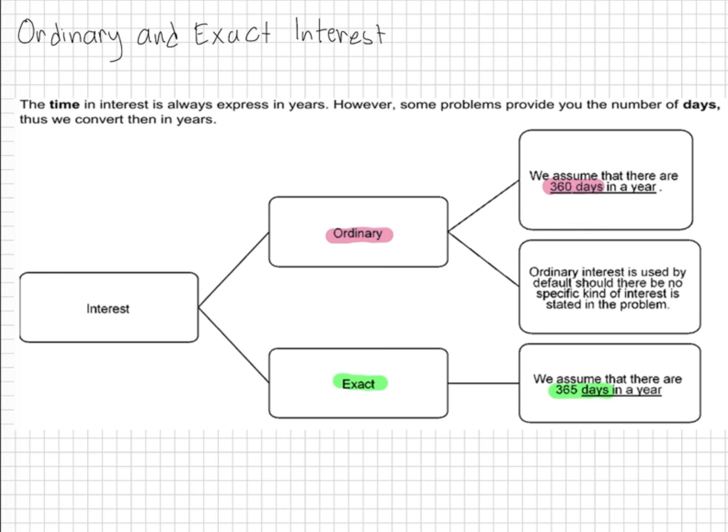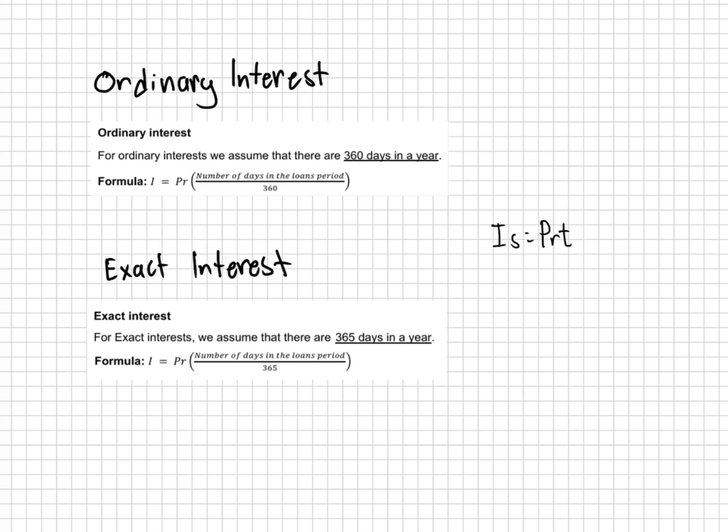So we will be only using the exact interest if it is mentioned in the problem. The keywords are actual and exact. And we will be using ordinary interest if there is no specific interest mentioned in the problem. So now here are the formulas used in ordinary and exact interest.